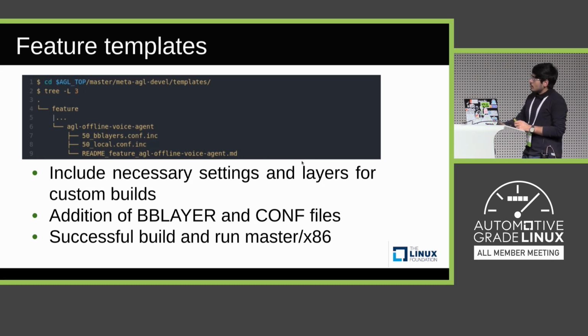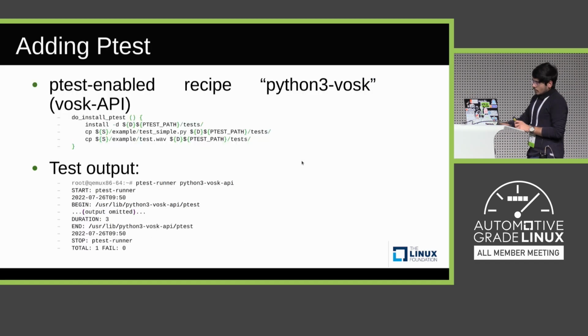This is something about the feature templates. We created this to make our work a little easier, to be able to build an image with just the requirements for the voice recognition agent. And finally, we added ptest as well.